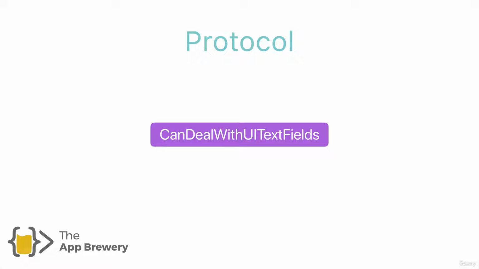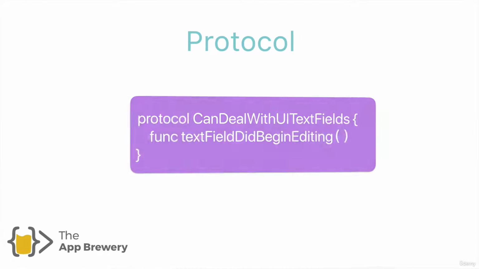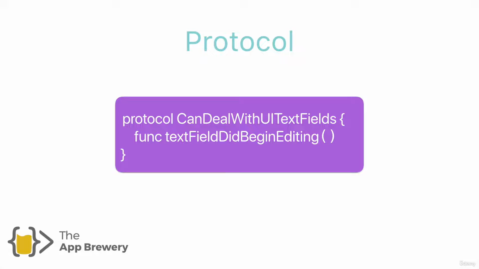Say in this case, we could create something called CanDealWithUITextFields. And we can define in the protocol body some required methods. So for example, every class that says that it can deal with UI text fields should be able to implement this method called textFieldDidBeginEditing.